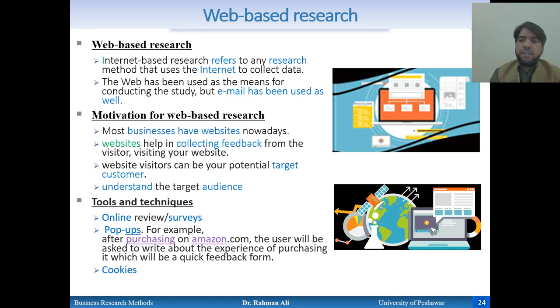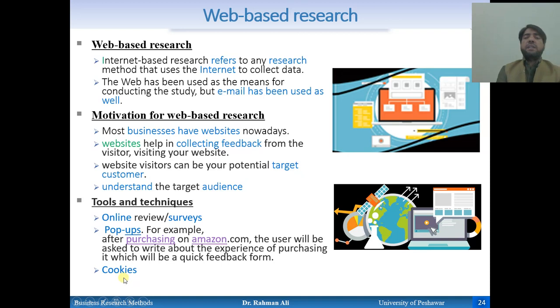Different methods are used on the web: online surveys and pop-up messages that normally come to you, and you respond to those pop-up messages. Responding to those pop-up messages is your feedback to the owner of that website, and they use that feedback for their strategic planning.